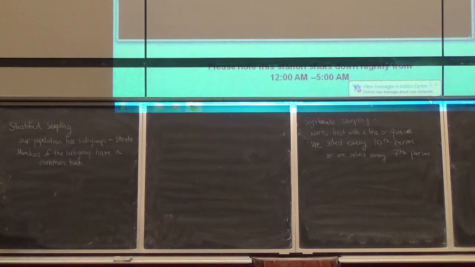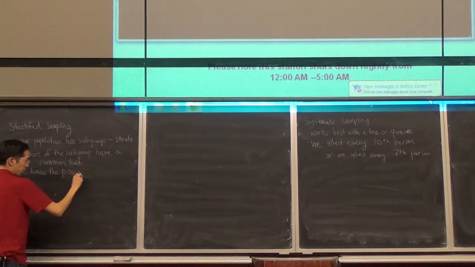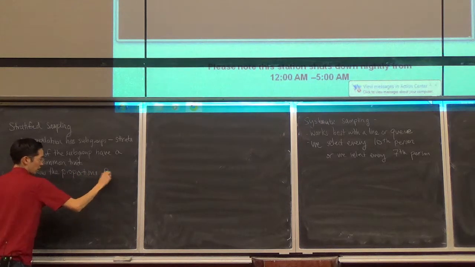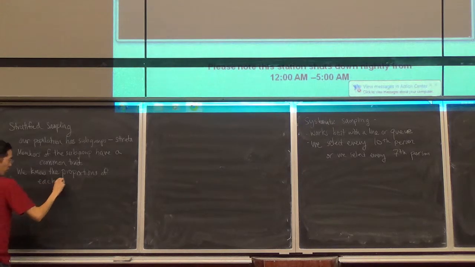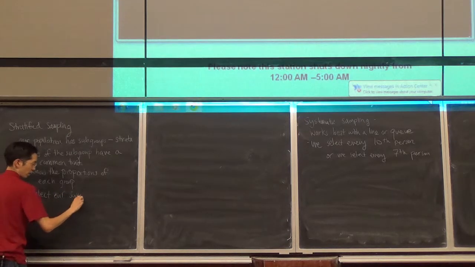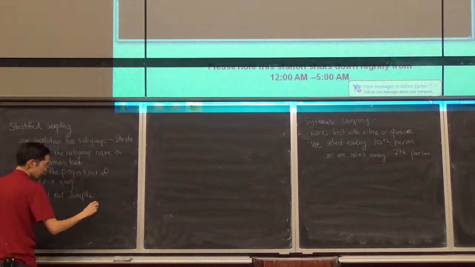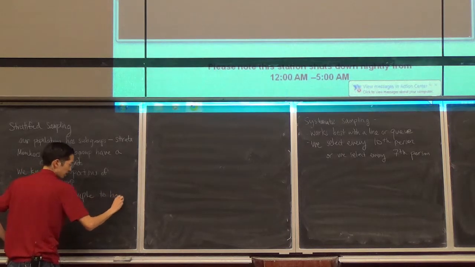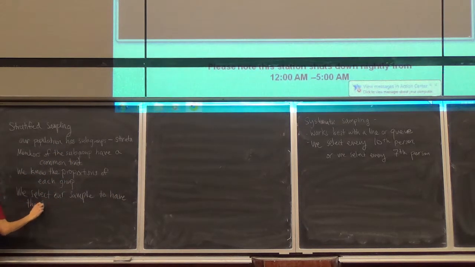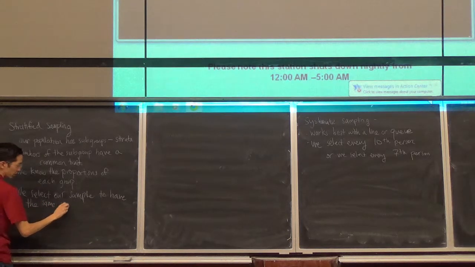With stratified sampling, we know the proportions of each group. And we select our sample to have the same proportions as each subgroup or each strata.